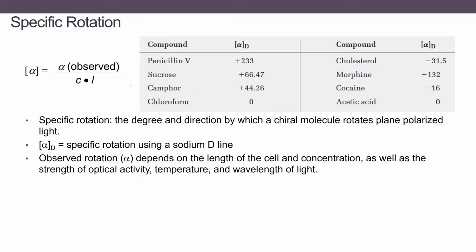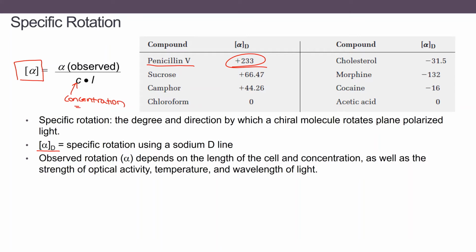So here is the symbol for specific rotation. The specific rotation of penicillin 5 is plus 233. This was measured using a sodium D line, which is just saying that specific 589.6 nanometer lamp. So that's what the D refers to. So the specific rotation is the degree observed, with the direction of plus or minus, divided by the concentration of the sample that we're measuring.